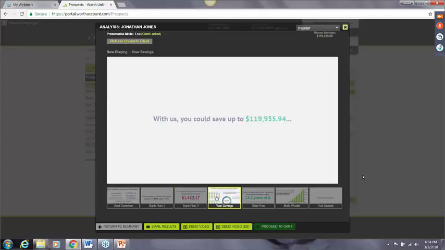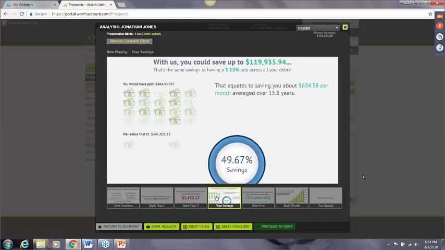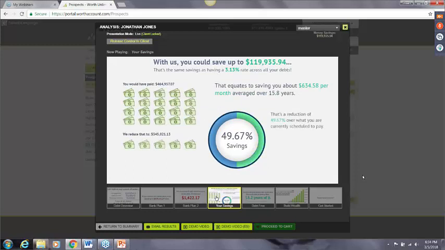So now it comes to their savings. With us, you could save up to $119,935.94. That's the same savings as having a 3.13 rate across all of your debts. You would have paid $464,957.